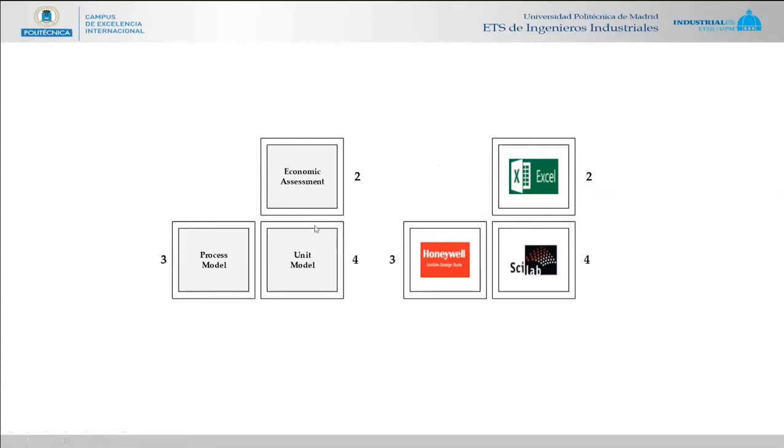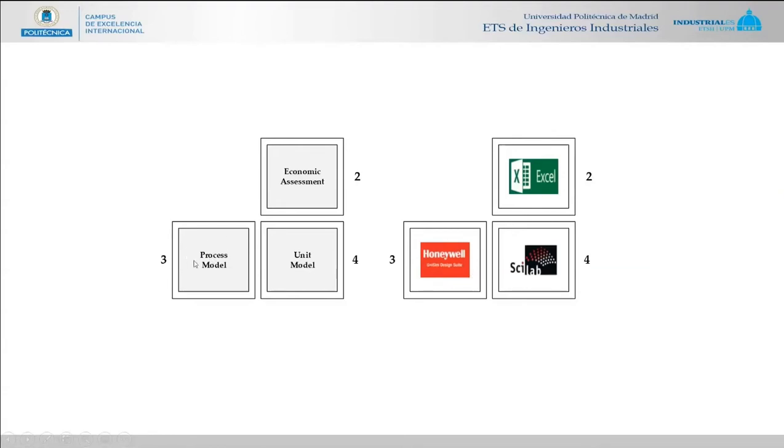At first, we carry out ad hoc models of unit operations, which require special attention with regards to a spatial dimension, temporal dimension, and for that we use an equation-oriented solver, right? And the outputs of these models are connected to a stationary plant model, which is developed in Honeywell Imaging Design, right?